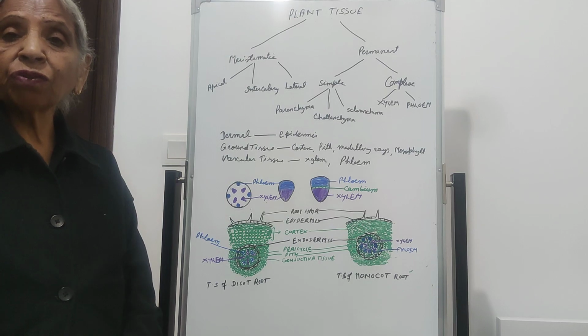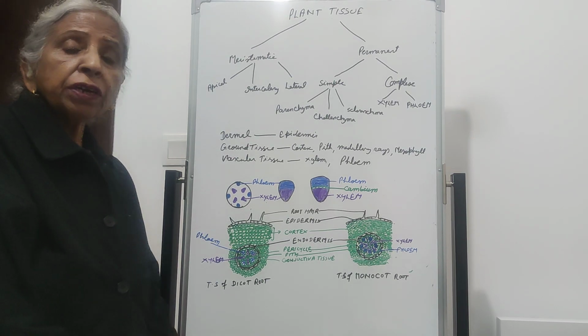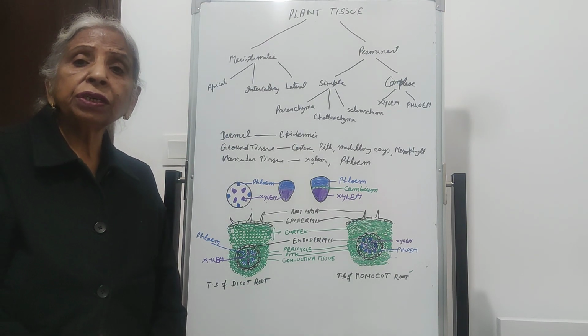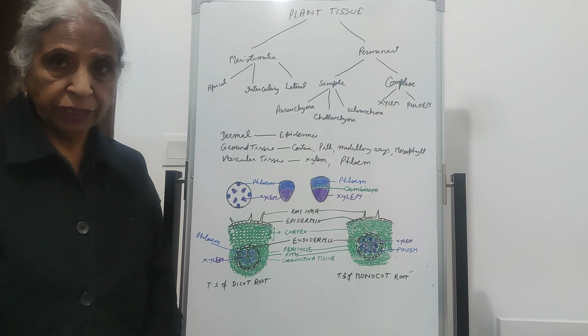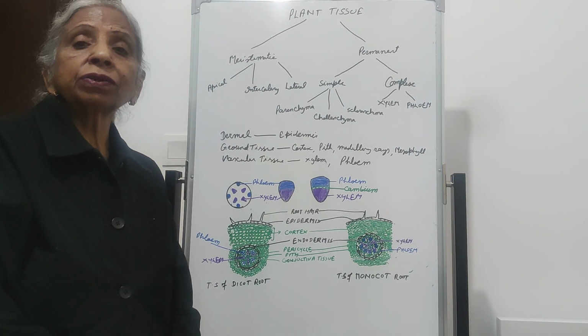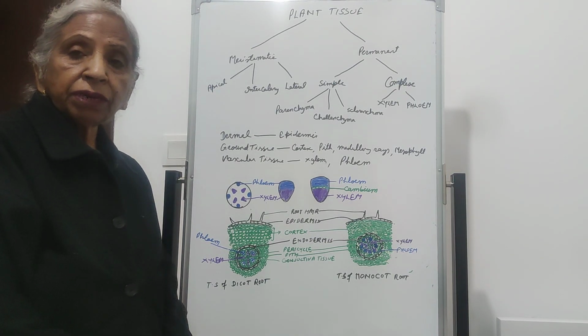They have the power of division and redivision. They continuously divide. Apical meristem divides and adds to the growth of the plant longitudinally. The parts of the plant, root and shoot, become elongated by the activity of the apical meristem.